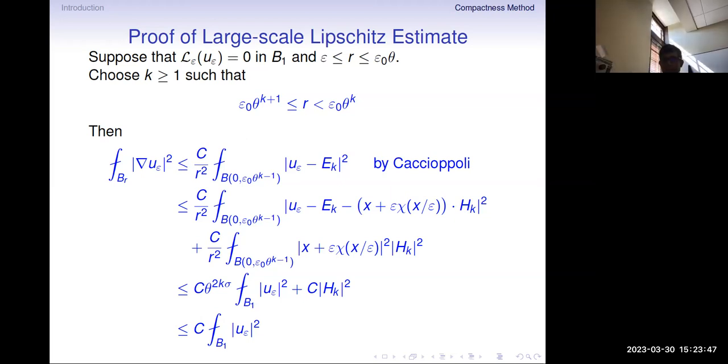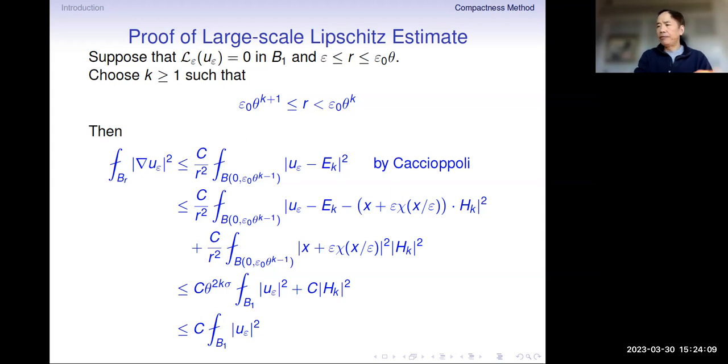Then you estimate the L2 average, and first of all, you use Caccioppoli to reduce to the integral of u epsilon minus some constant, this constant E sub k.